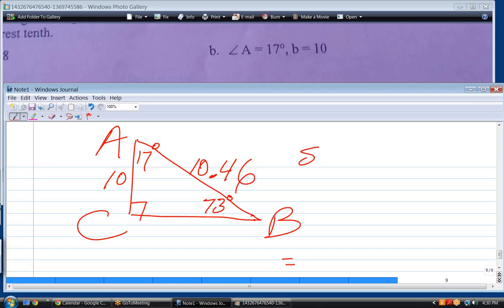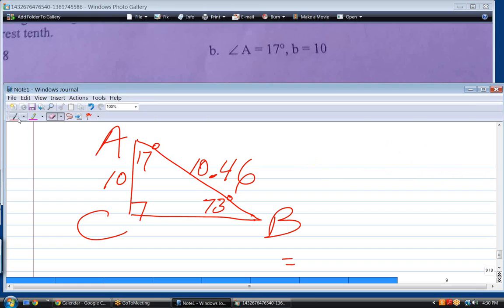Sine of 73. It's going to be equal to what? 10 over 10.46. Does that let me solve for anything? No. So it would be tangent.